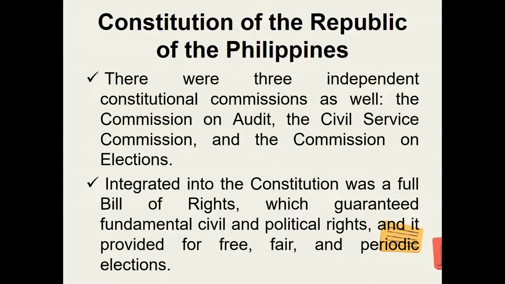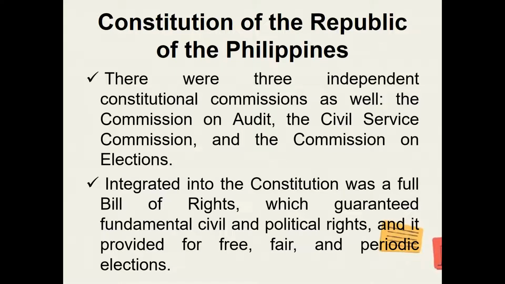Integrated into the Constitution was a full Bill of Rights, which guaranteed fundamental civil and political rights, and it provided for free, fair, and periodic elections. Okay, so our Article 3 provides for the Bill of Rights. Speaking of the Bill of Rights, these are rights granted by the Constitution to protect the people from the abuses of government. Okay? So let's say the right against unreasonable search and seizure.